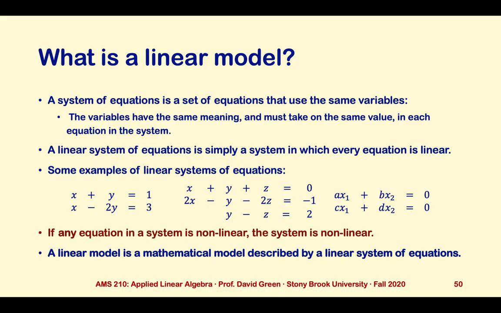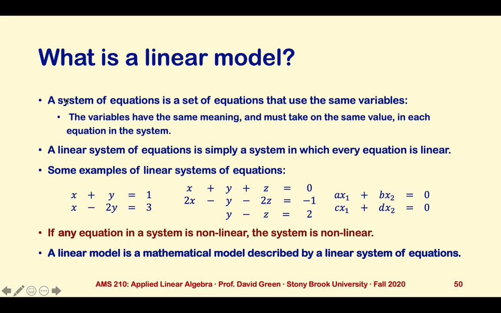And when we say that they use the same variables, it's not just that we use the same symbols for the variables, but that the variables have the same meaning and must take on the same value in each equation in the system. Variables represent some kind of value within a model. The equations in a system all use those same variables to mean the same thing.